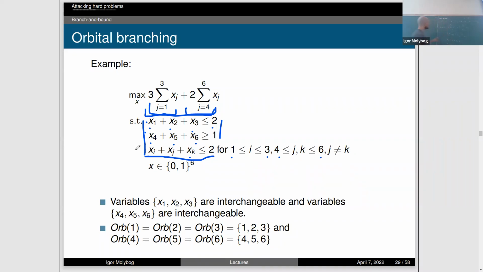So this is the problem that we would get if we were to do this permutation.